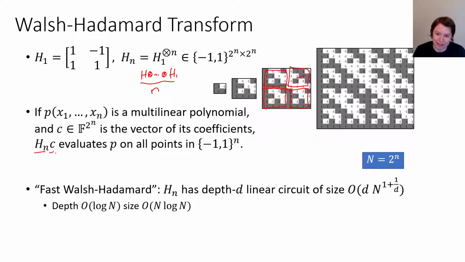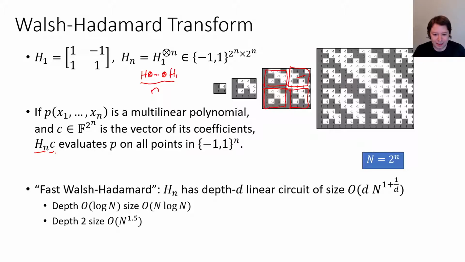If you plug in depth, say 2, it has a size n^1.5 circuit. If you're familiar with the fast Fourier transform algorithm, this is really similar to that. It's actually a simpler version of the fast Fourier transform algorithm. It follows without too much work from the recursive definition of this transform.